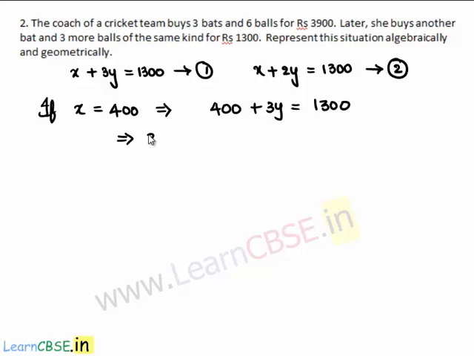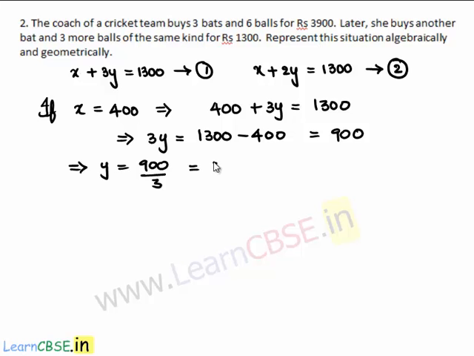We get 3y is equal to 1,300 minus 400, which is nothing but 900. So 3y is equal to 900. So we get y is equal to 900 divided by 3, which is nothing but 300. So if x is equal to 400, the value of y would be 300.